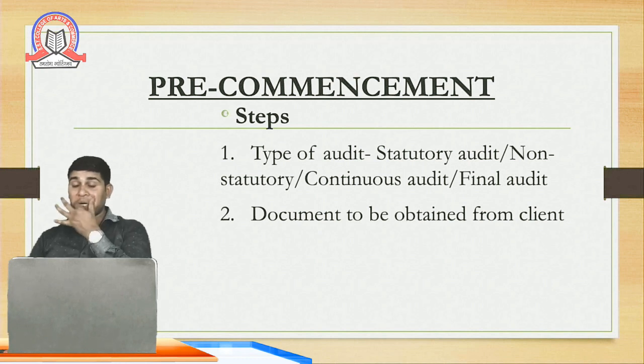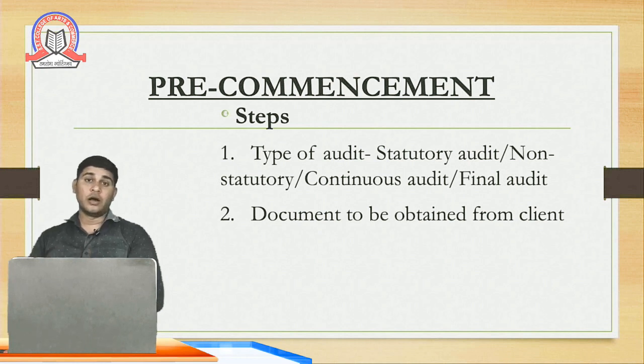My dear students, under continuous audit, the auditor needs to visit continuously. He visits the client office and asks many queries. He may put some proposals regarding the inquiries in front of the client, and the client must give satisfactory answers.